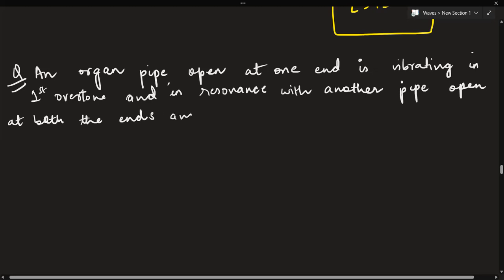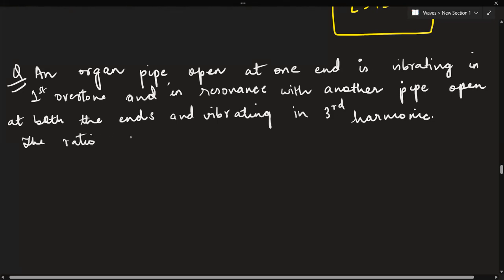And this is vibrating at the third harmonic. We have to find out the ratio of length of the two pipes.